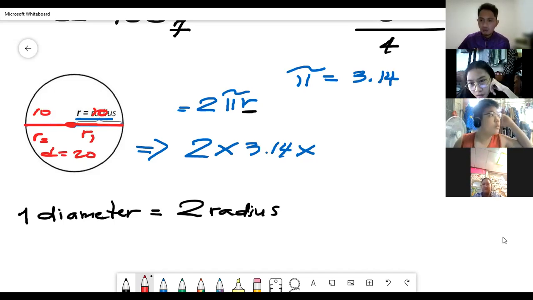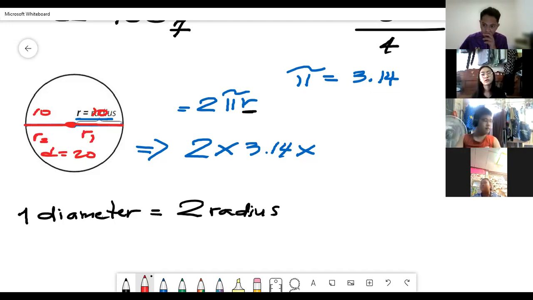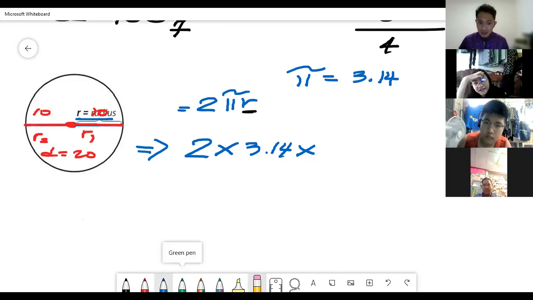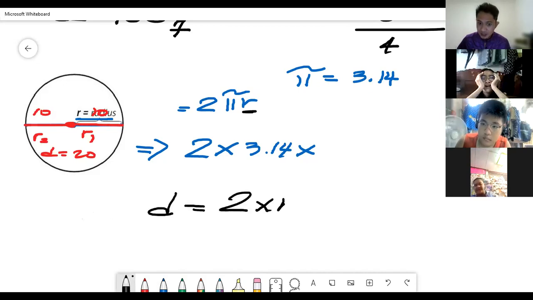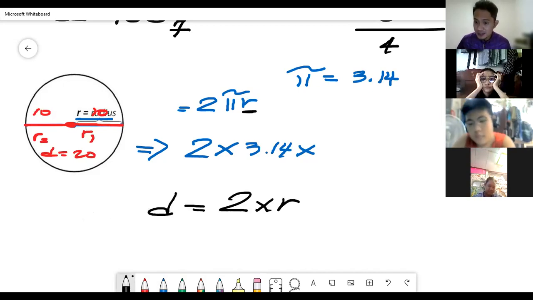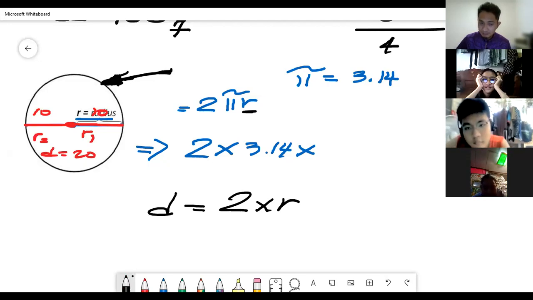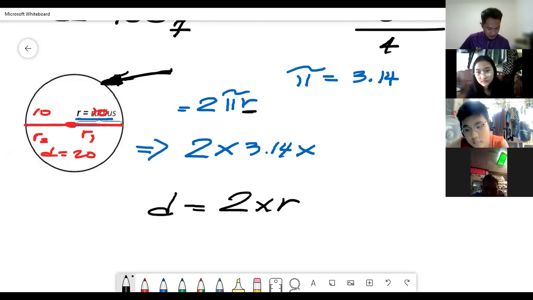Therefore, D is equal to 2 times r. This drawing is easier to understand than the book. This one is divided by 2.